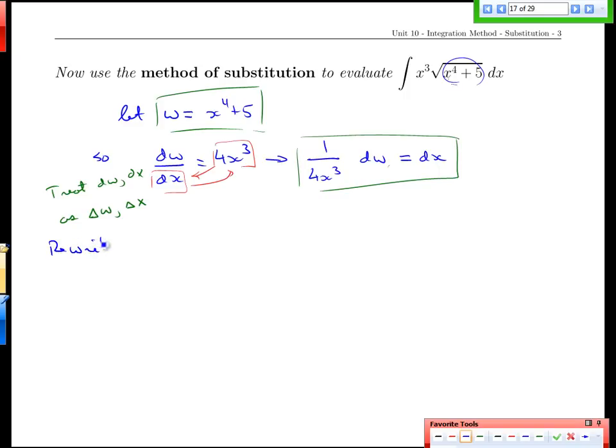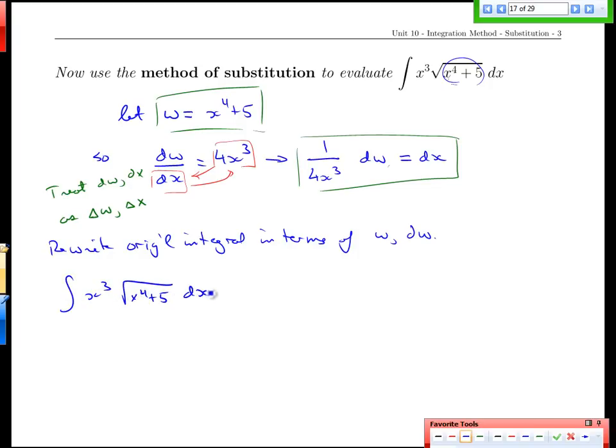What does this do for us? Well, we rewrite the original integral in terms of w, and of dw, equally important. The integral of x cubed square root of x to the fourth plus 5 dx can be translated.